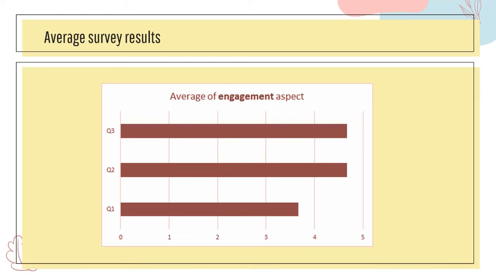I got 3.67 in question 1, 4.67 in question 2 and question 3. And just to recall, the numbers represent the audience's answers from strongly disagree to strongly agree.